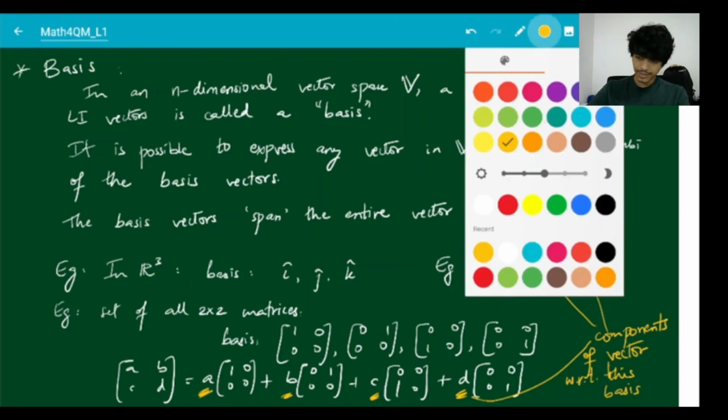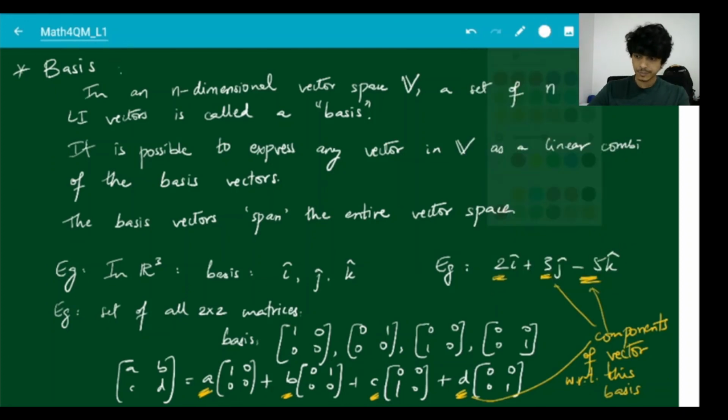So again, it's nice to take examples and look at this. Let's make an even simpler case. Let's choose R2. R2 is just a 2-dimensional plane.